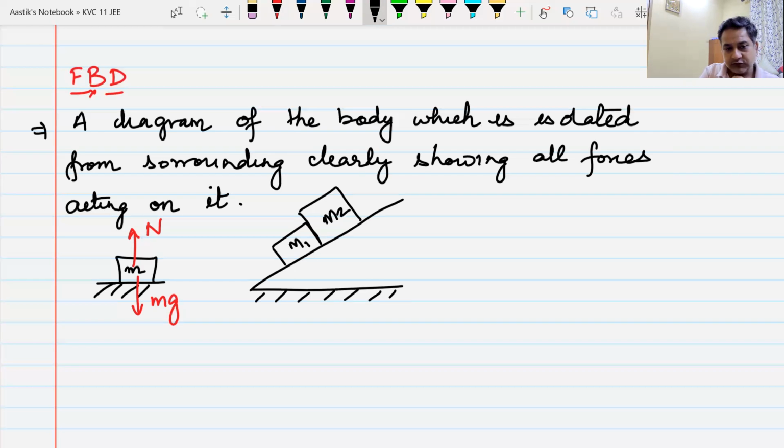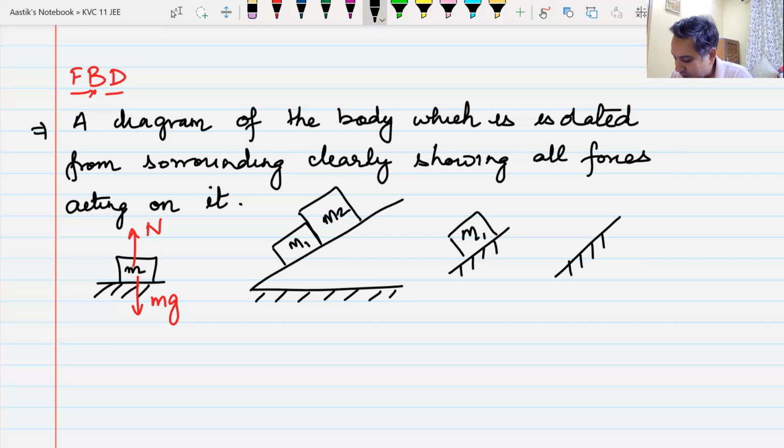First one, you just need to isolate them. So how do I isolate them? So I will draw M1 like this. I'm just drawing the ground so that I understand that they are kept on an inclined surface. That is the only reason for me drawing the ground. So I will draw them separately, M1, M2, and then I will draw the forces on it.